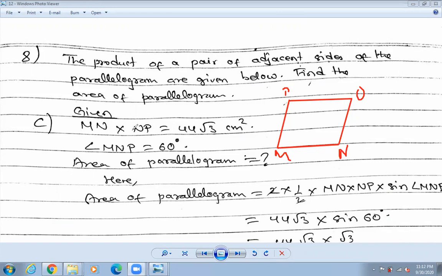Now, MN and NP, if you multiply MN and NP, it is 44√3.